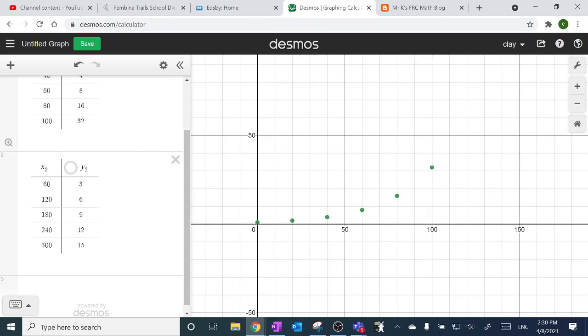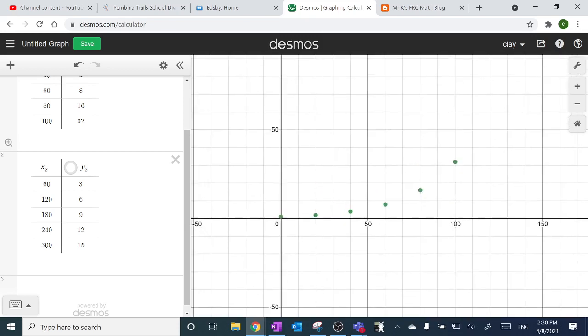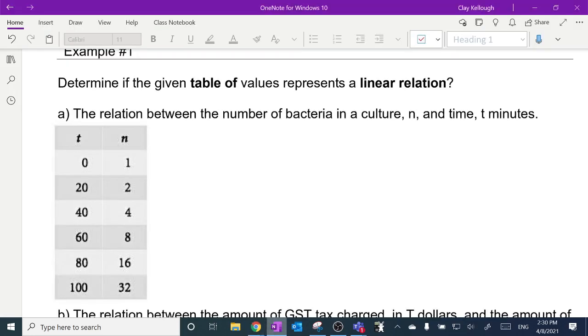So the change in rate as I'm going from dot to dot is increasing. The slope increases between every dot. The slope is increasing as I move left to right. It's not staying the same rise over run. Now, how can you tell that without graphing it?